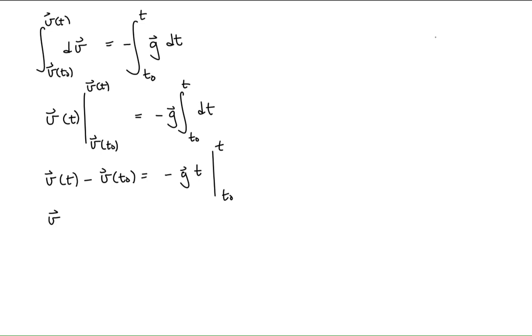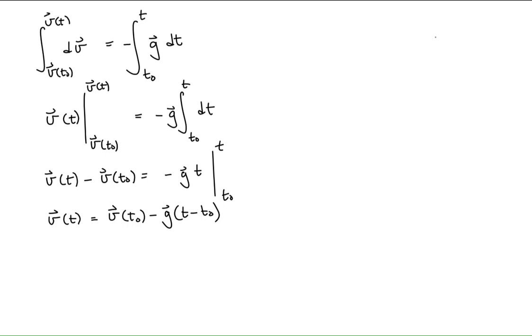Isolating our velocity as a function of time, we have on the left side the velocity as a function of time expression, and on the right side our initial velocity at time t naught minus g vector times t minus t naught.